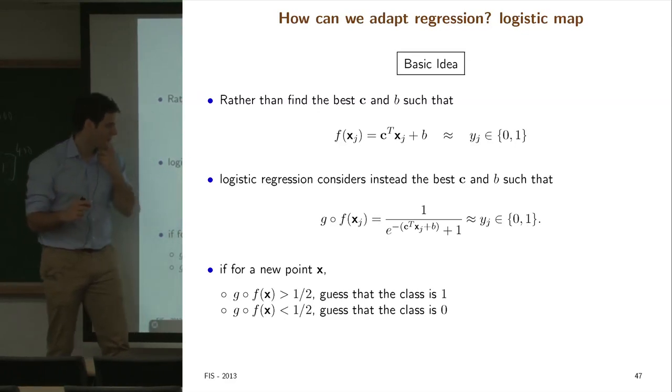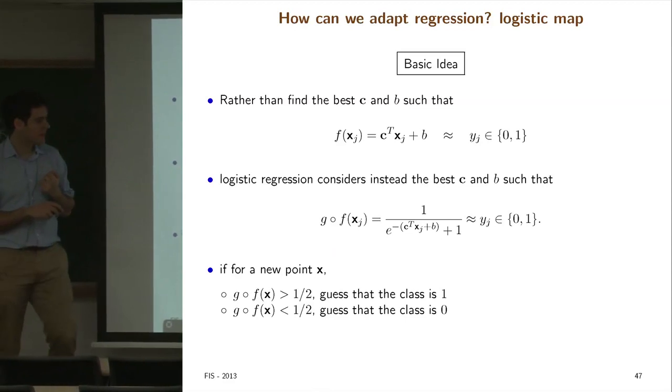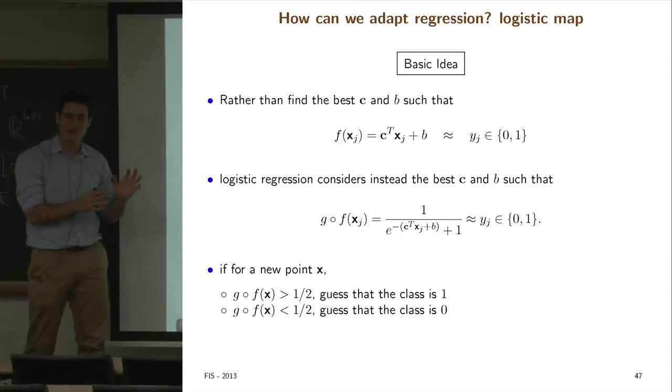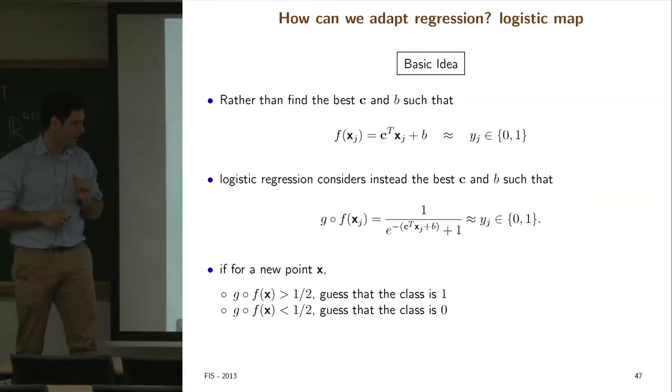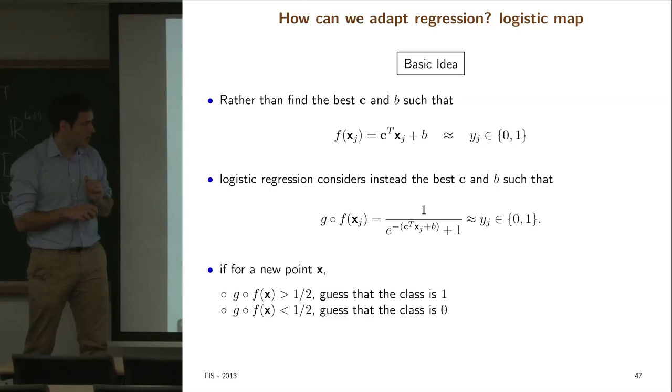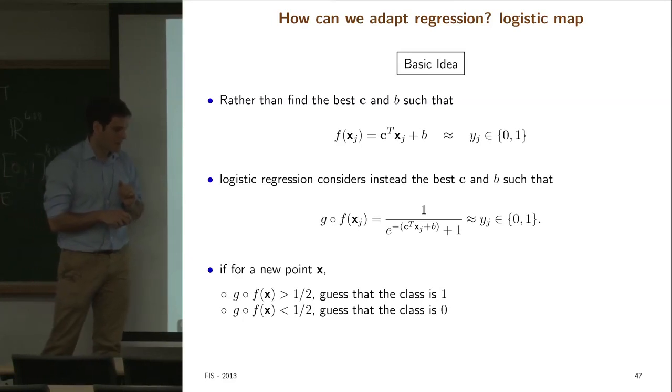Okay? So instead of really trying to fit as hard as possible the C and a B on your data, you will basically take the result of C transpose xj plus B, apply the logistic map to that result, and try to fit it then to 0 and 1.